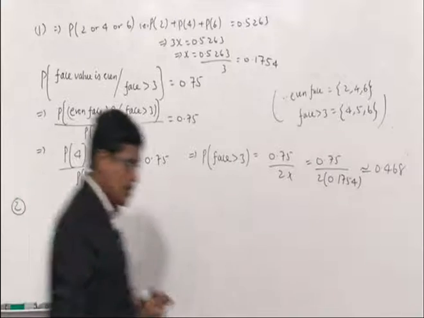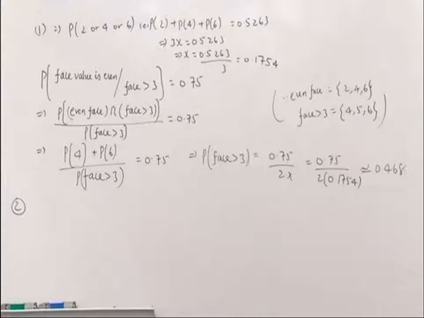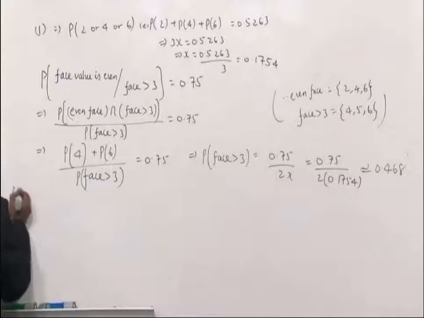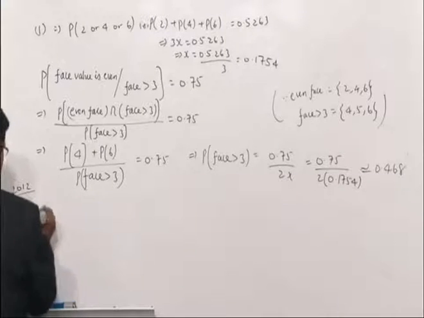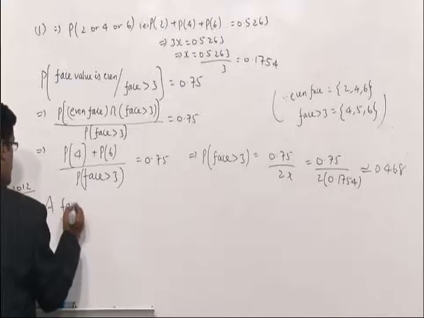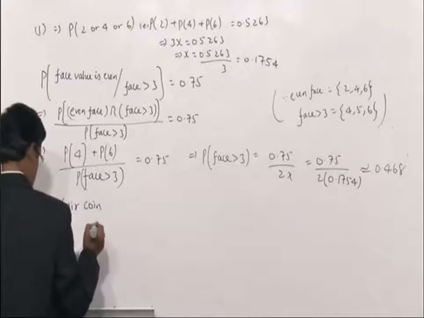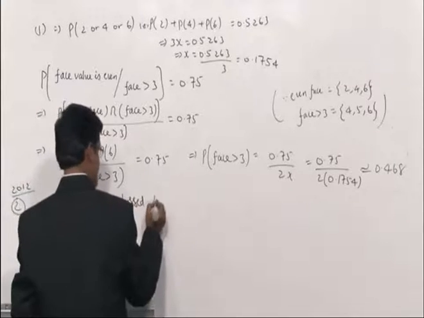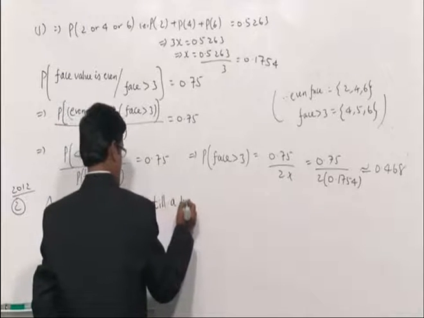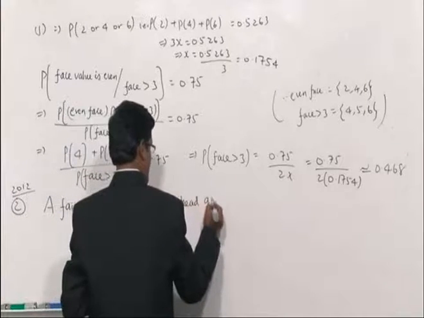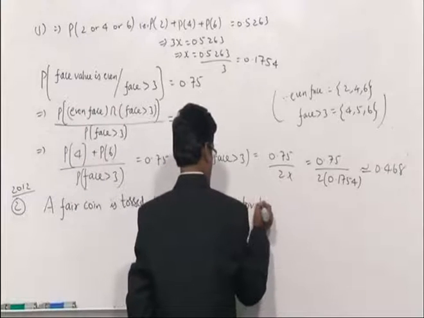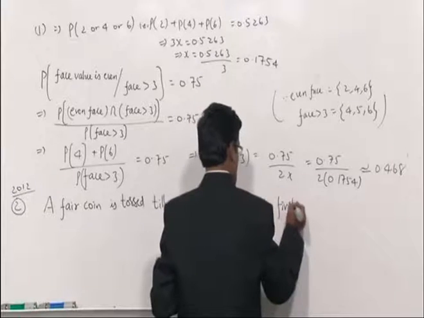One more problem, last problem on this basics. This is given 2 marks, 2012. A fair coin is tossed till a head appears for the first time.